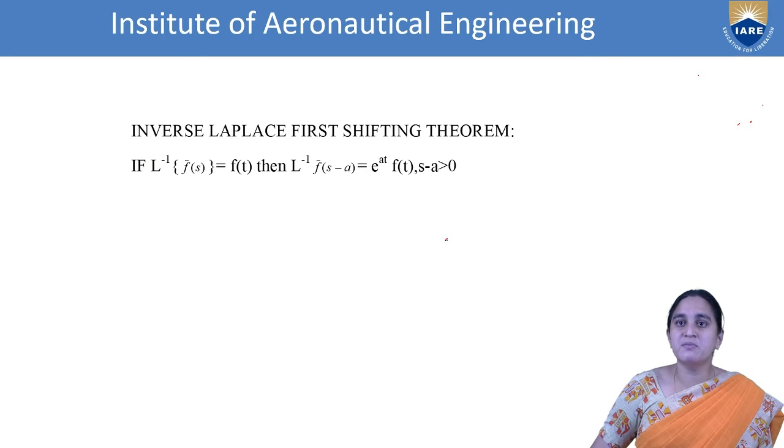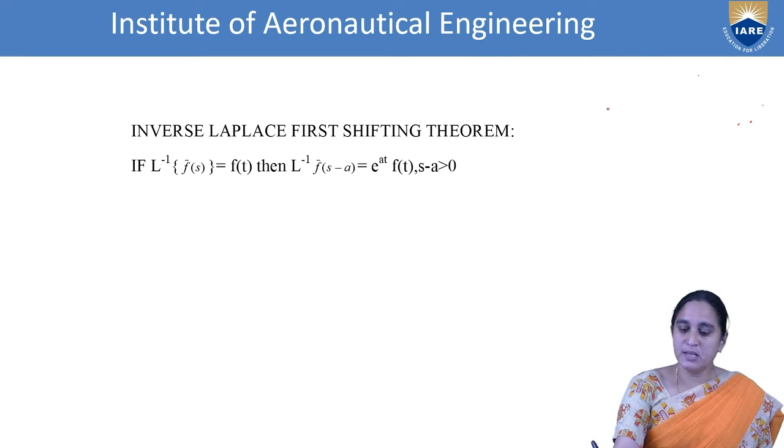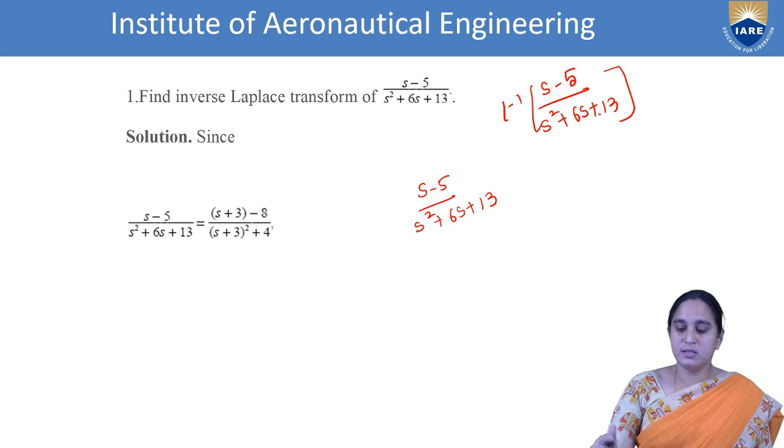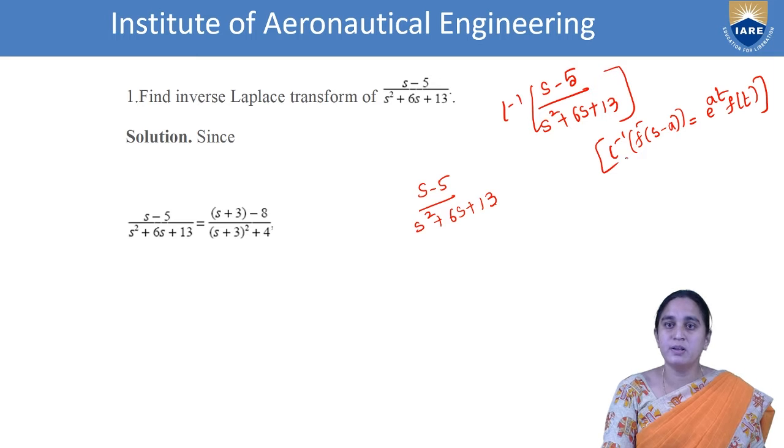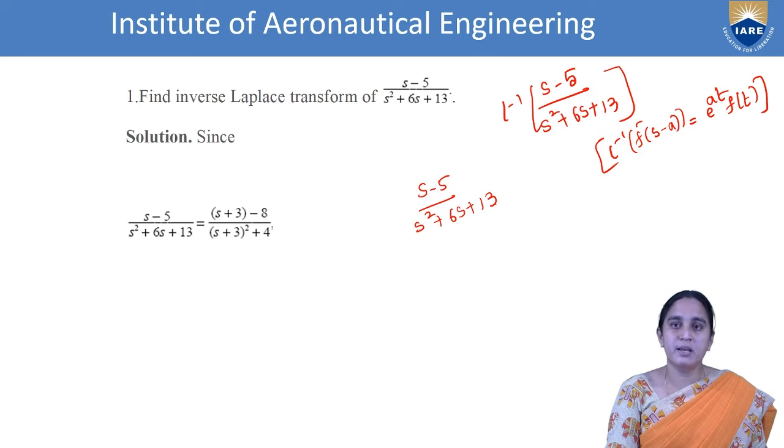Because from the previous slide, the property is Laplace inverse of f bar of s minus a is equal to e power at into f of t. Now we have to convert the given question using the first shifting theorem. But how do I convert it?